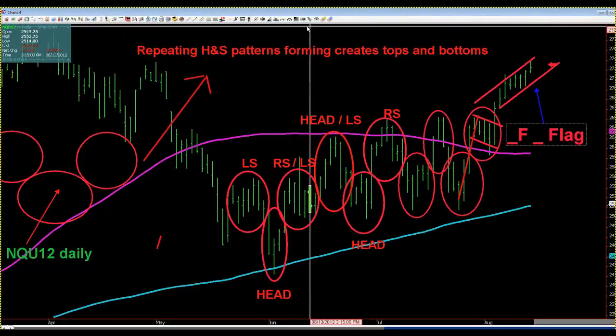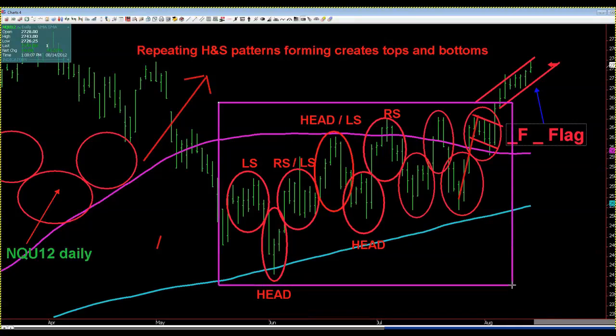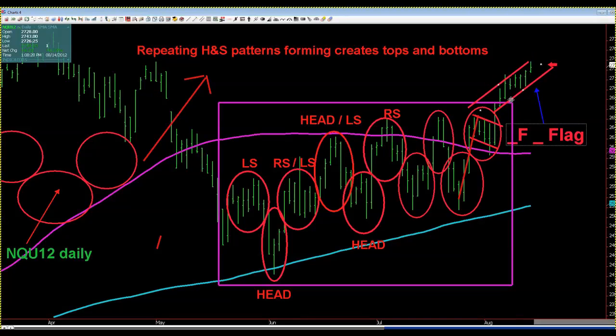And when they gather together like this, they're creating a top or a bottom. You need to use your analysis to tell you what that's going to be, top or bottom. It was obvious that it was creating a bottom type area for NASDAQ, which is why we're going after the long side. And proof is this flag that has formed since these inverted head and shoulders started to gather.